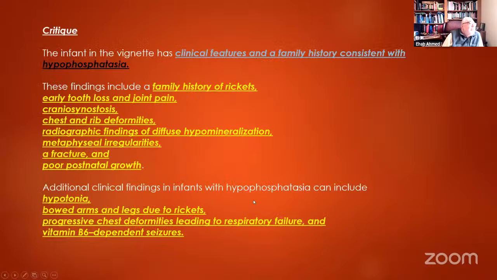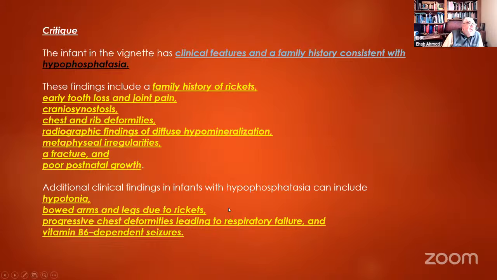Additional features could be hypotonia, bowing of the arms and legs, because this baby is like having rickets. Progressive chest deformities leading to respiratory problems, and vitamin B6 dependent seizures.